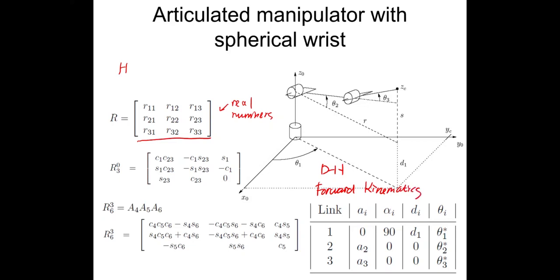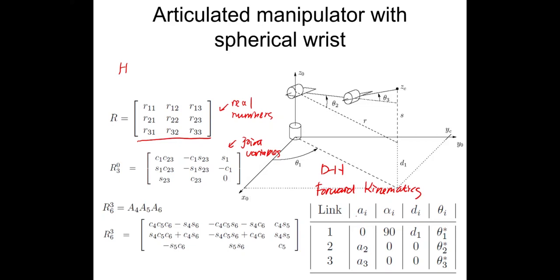Then we know the format, which is a function of all the joint variables. And this is our R30. We can quickly take a look at this drawing and do the analysis of ai, alpha i, di, and theta i, which we already did a lot of examples.